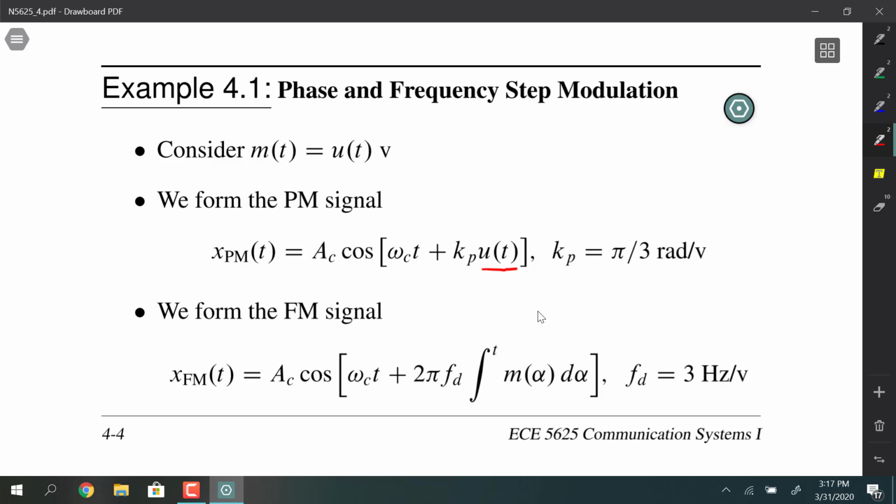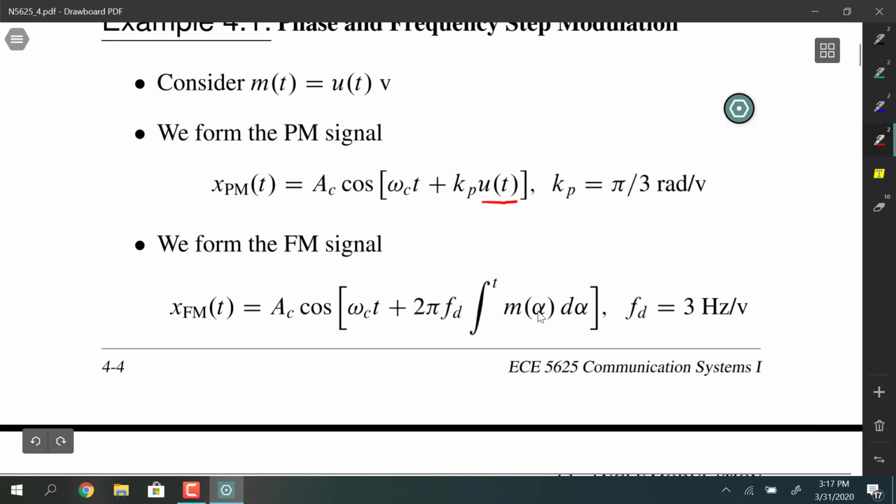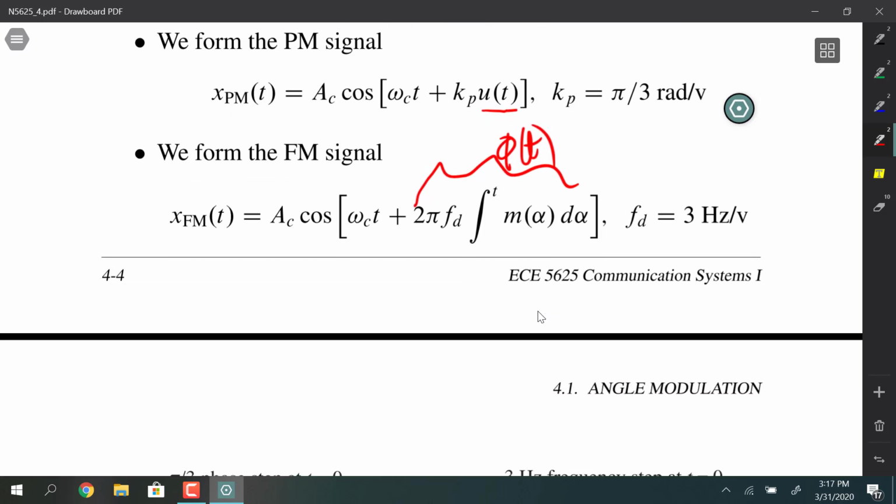And if we wanted to look at how we would form an FM signal, we have to put in the instantaneous frequency, but we have to integrate that to get it to phase. So this is going to become our phi of t, the phase deviation. We integrate the frequency deviation to get it to phase, and then we've got the units that are appropriate for our configuration.